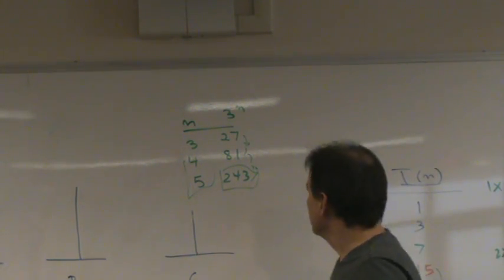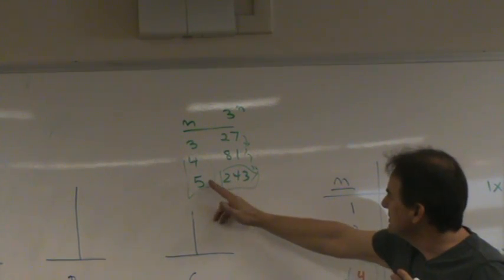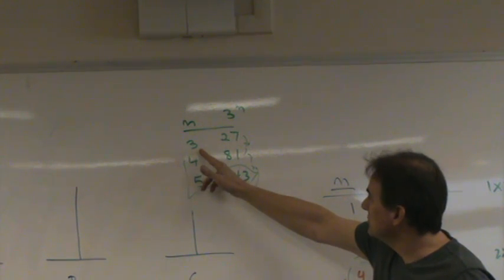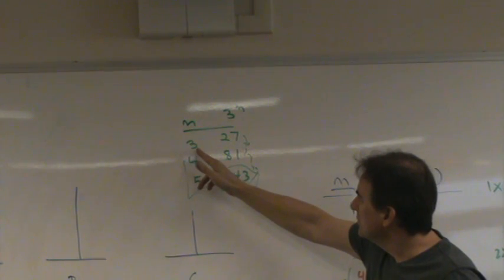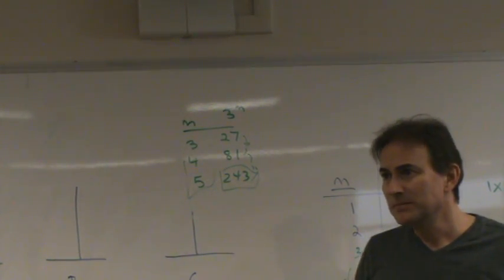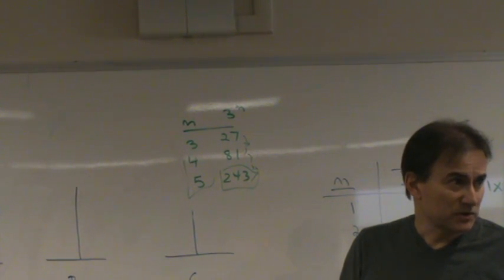So the function is exponential, going from the problem size to the complexity, and from the complexity to the problem size. It's the inverse of the exponential function, which is the logarithmic function.